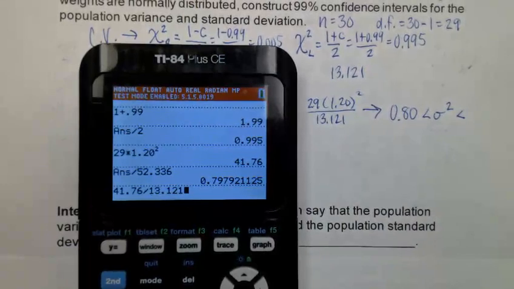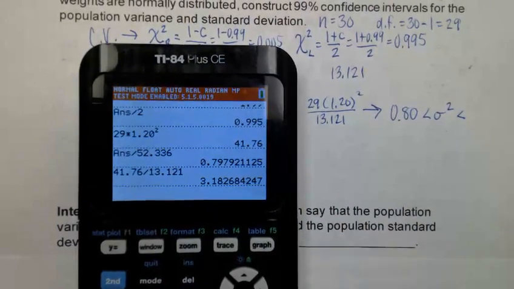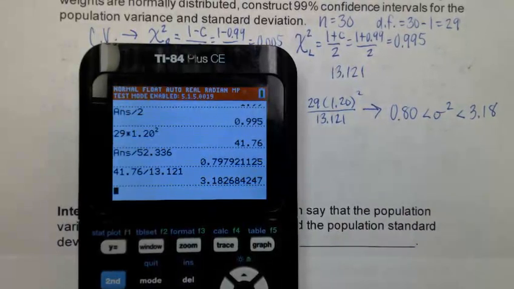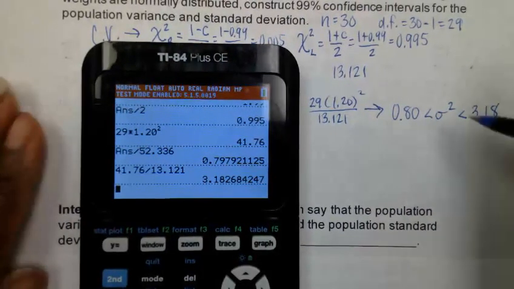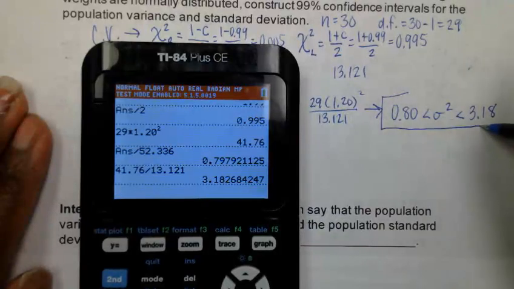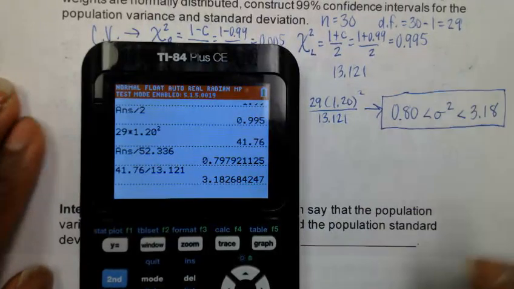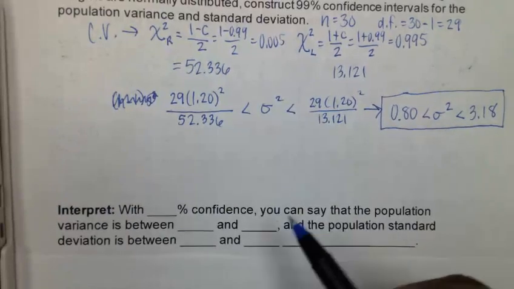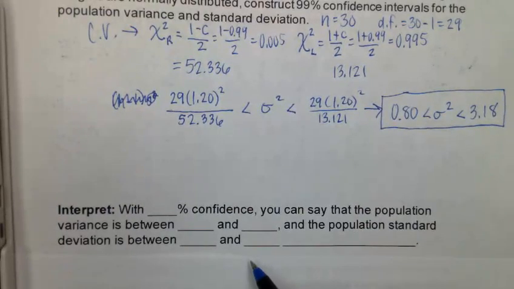Notice how I'm just going up and copying to save some time. So this is the variance. I'm not putting parentheses because, again, we don't have a middle.